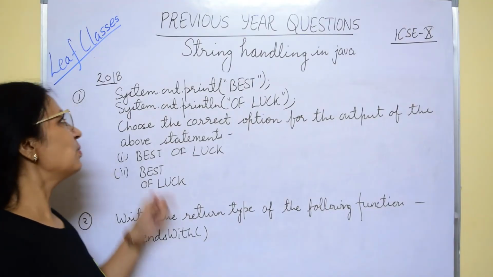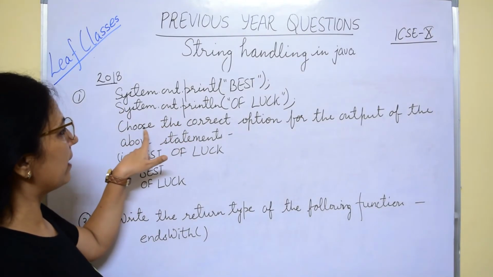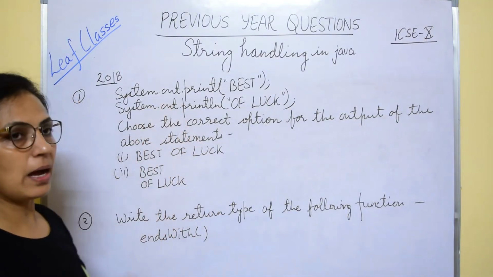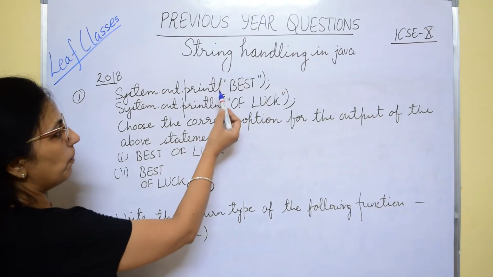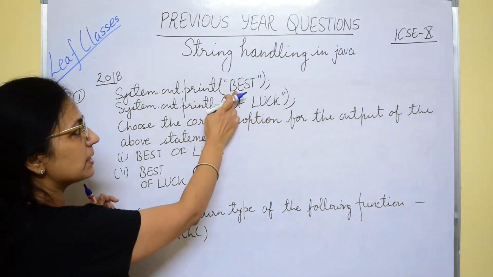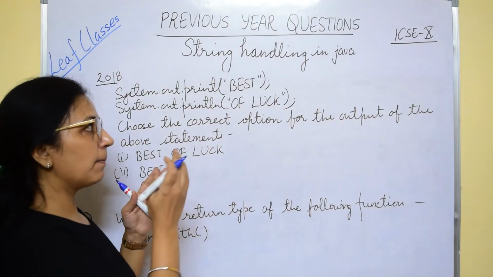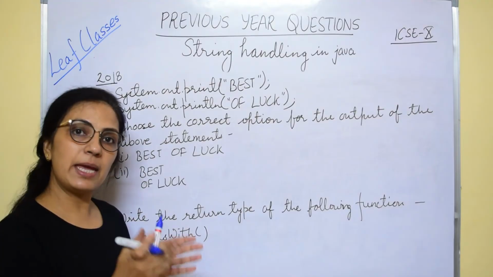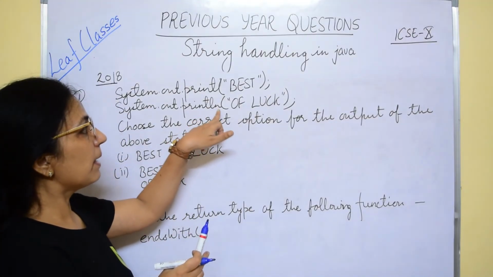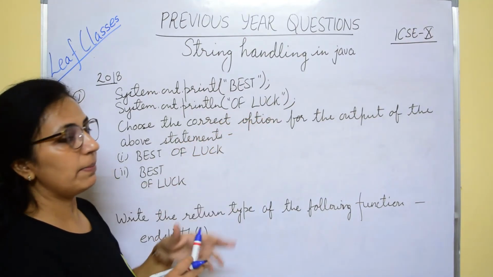Now we move on to year 2018. Two print statements are given and the question says choose the correct option for the output of the above statements. First is best. Best is printed with the print statement, so after printing best, the cursor will remain on the same line and of luck will be printed.